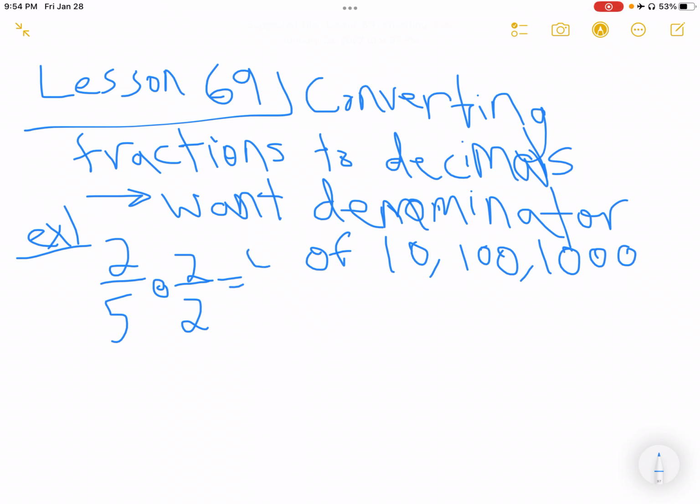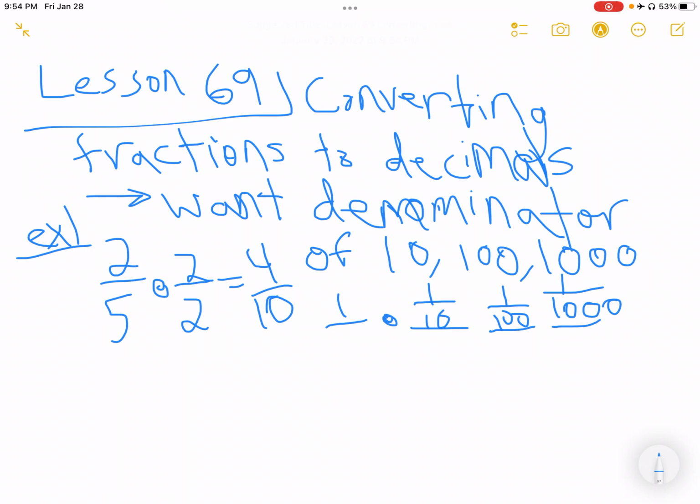Then we'd have 4/10. We remember our place values after the decimal. Our decimal is here, and before the decimal we have our ones place. After that we have our tenths place, then our hundredths place, and over here our 1,000ths place.